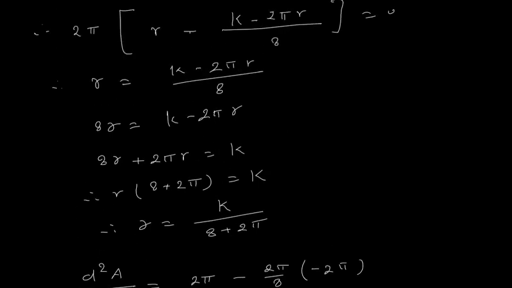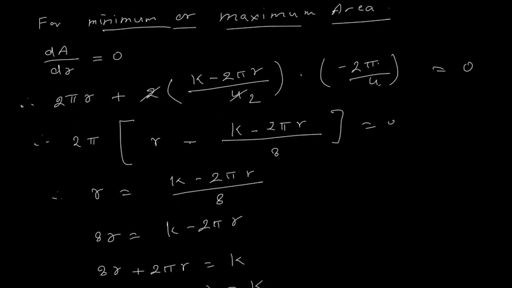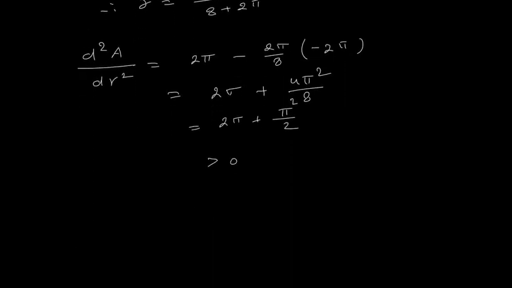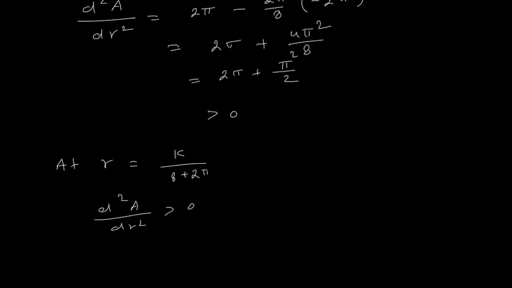Let us check if I have done any mistake. So no mistake, yes, right. So this is greater than 0, so therefore at r equal to k upon 8 plus 2 pi, here also I have d square A upon dr square greater than 0, because there is no effect of r in this particular expression, right.